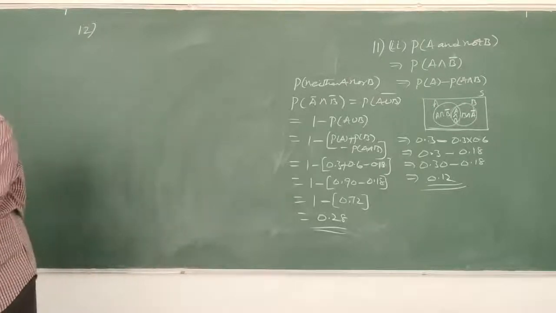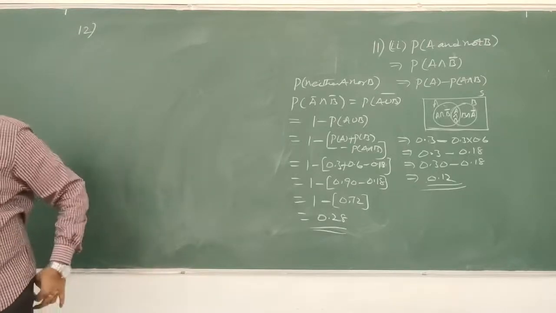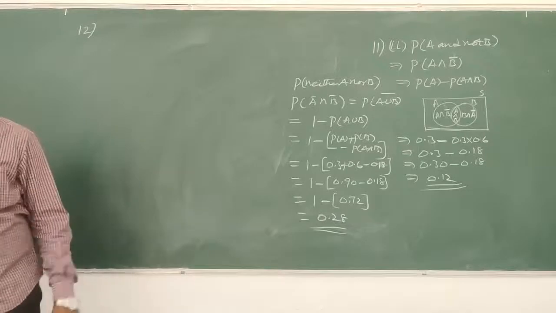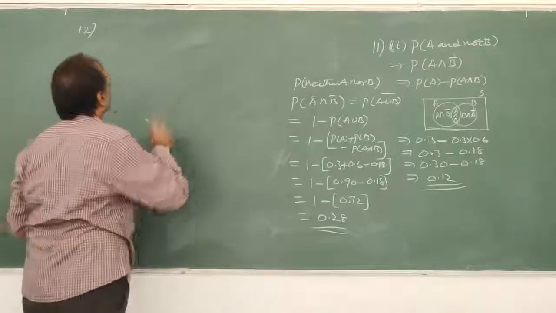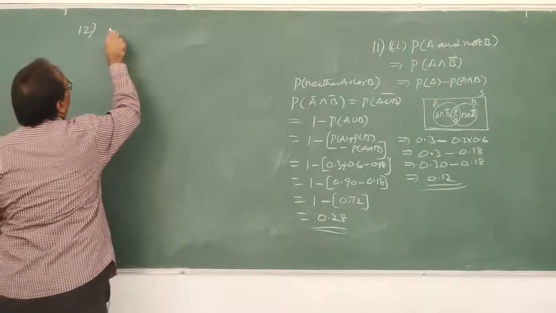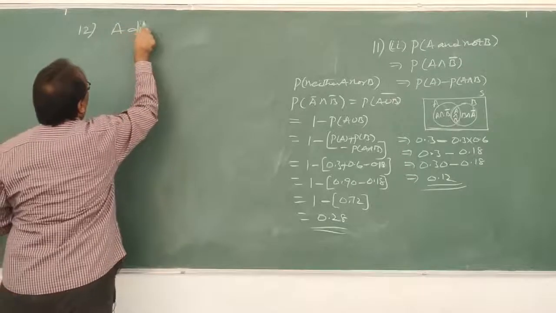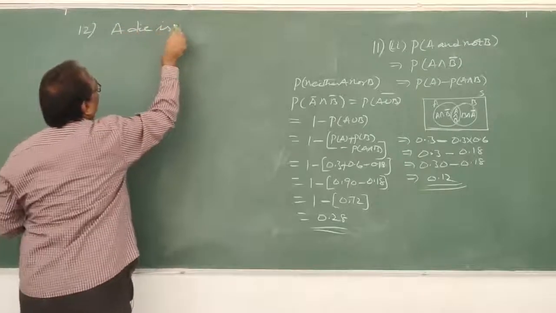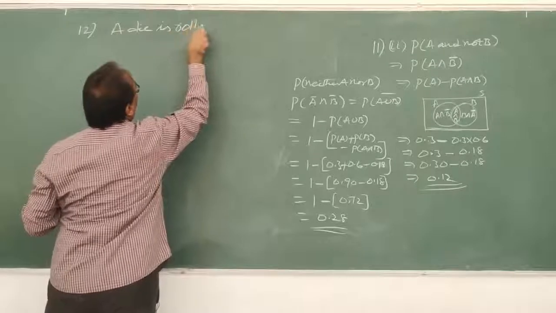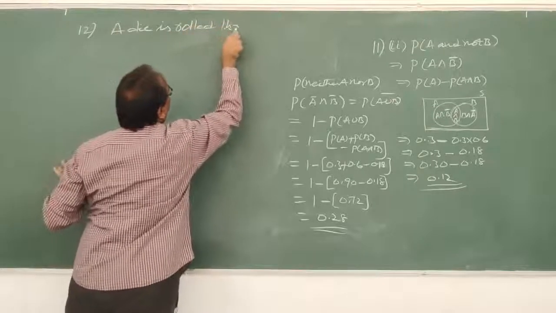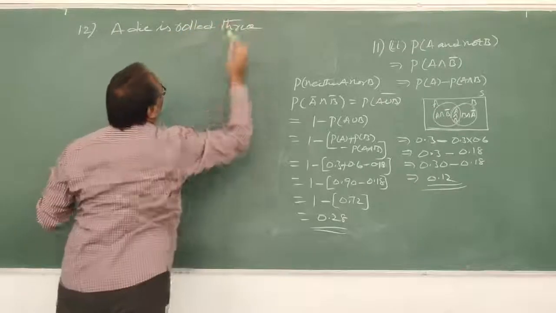Here you have to see now. My dear students, a die is rolled thrice. Thrice means 3 times.